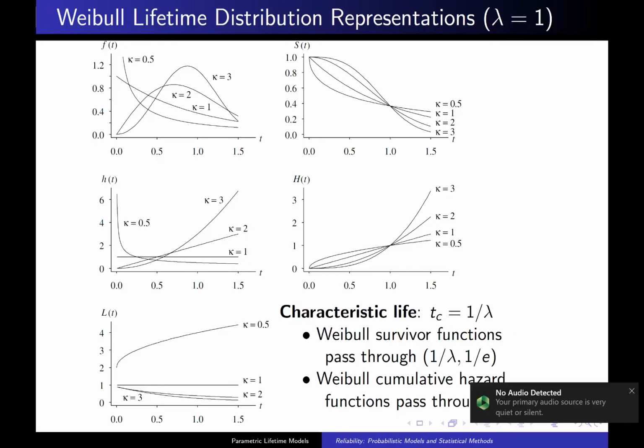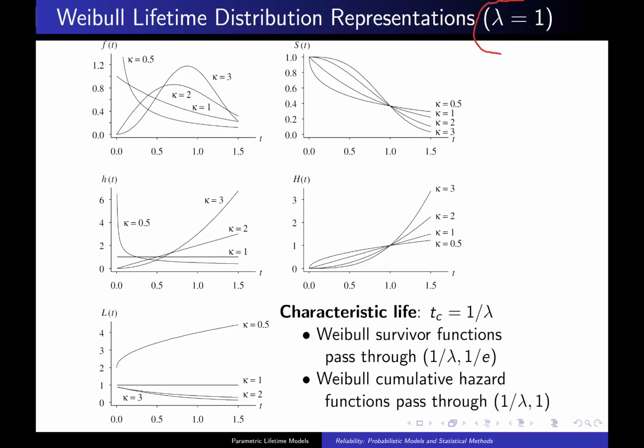Here are graphs of the 5 lifetime distribution representations for the Weibull distribution. And this is all done with a scale parameter of 1. So if we look first at the probability density function, notice that when kappa is equal to 1, you get the exponential distribution.